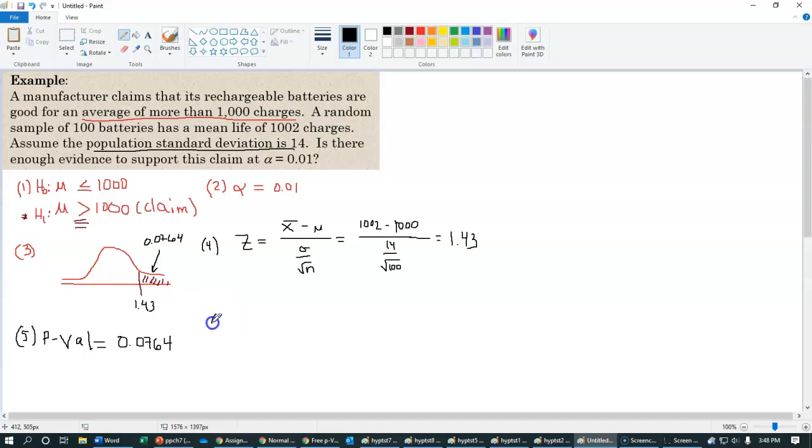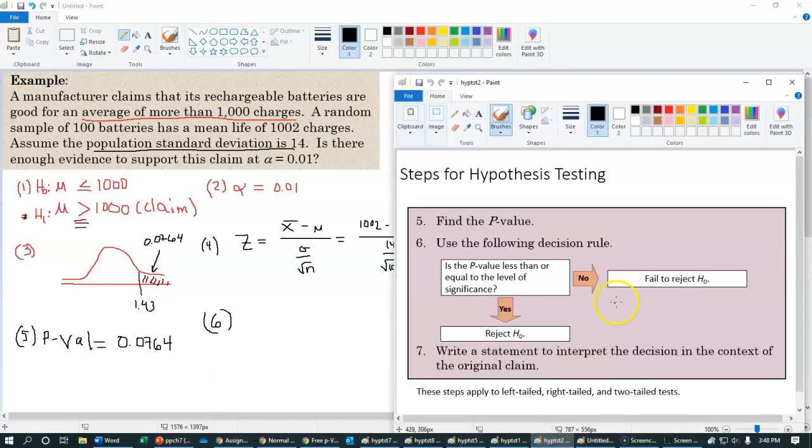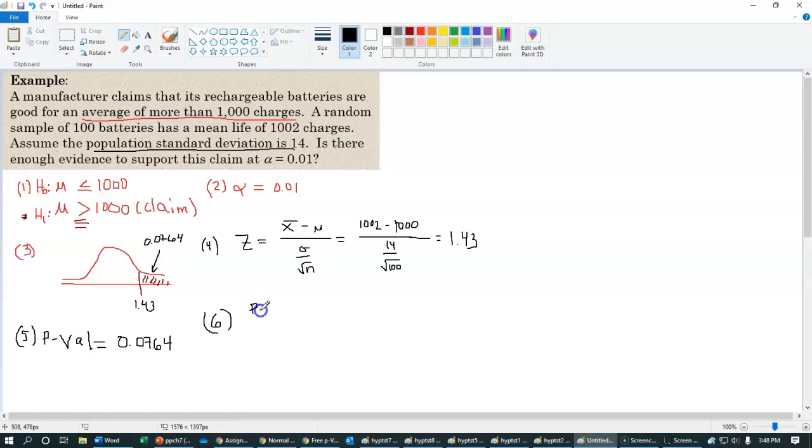Now here we go with step number 6. And what is step number 6? I'm going to make the decision. Okay. And what I do is I'm going to compare the p-value against the alpha, the level of significance.